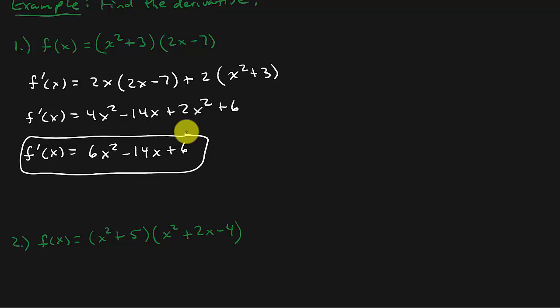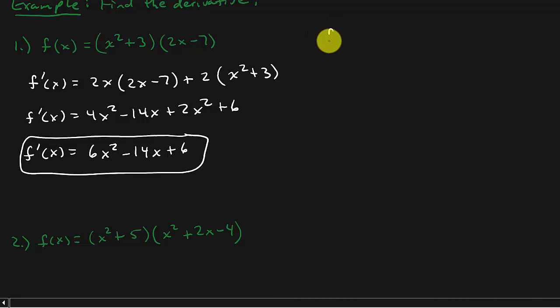Now, let's look at this, and I'm just going to do it on this problem to show you. We could also write f of x as 2x cubed minus 7x squared plus 6x minus 21.